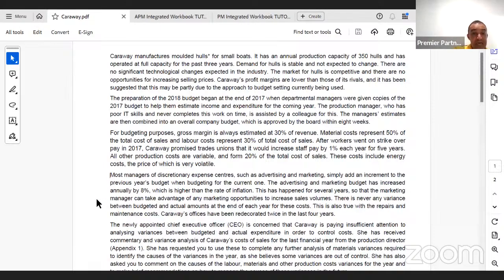See, most managers of discretionary expense centers. It's a very important point. Once again, I'm telling you, so important to know theory. Incremental budgeting is suitable when you have discretionary expenses. Now, what are discretionary expenses? Cost incurred at the choice of management.